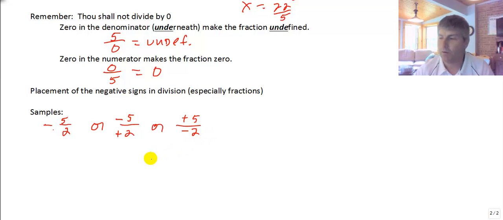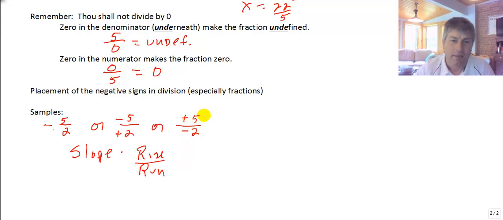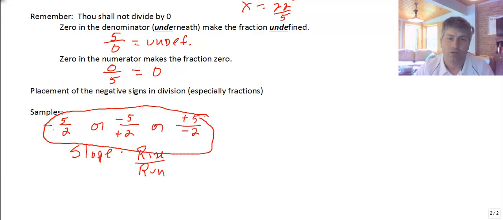These are all equivalent, and we'll see that when we're working with slope, or the fraction rise over run, that these are equivalent slopes. If we go down 5 and to the right 2, it is the same as going up 5 and to the left 2. That's the same slope.